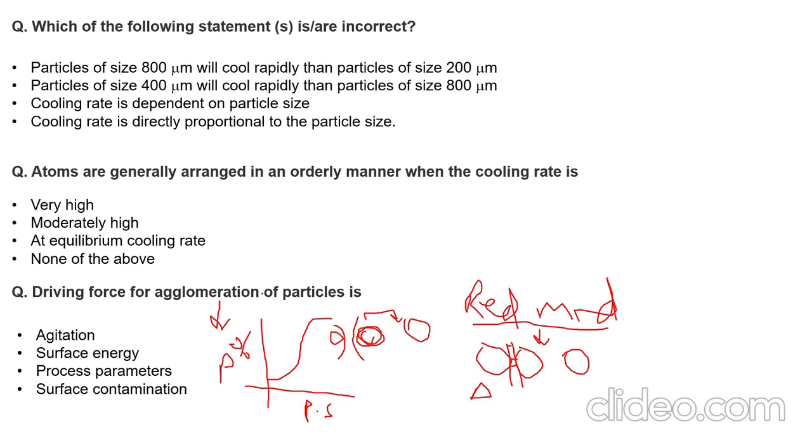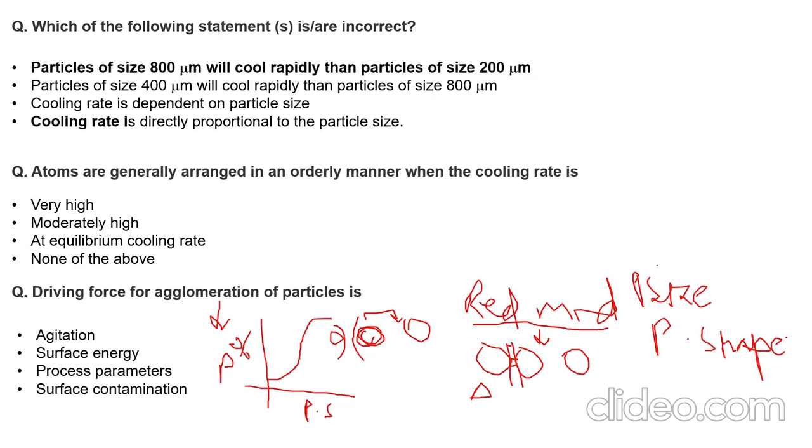In order to get the right characterization results, whether particle size or particle shape, you have to de-agglomerate the material, and for de-agglomeration various techniques are available. Here we'll see some of the techniques, some of the questions.